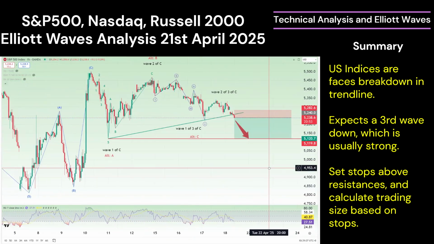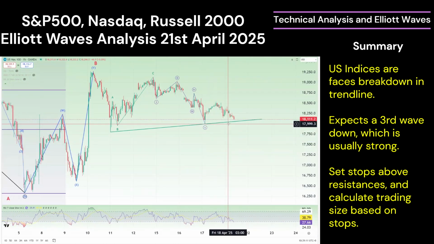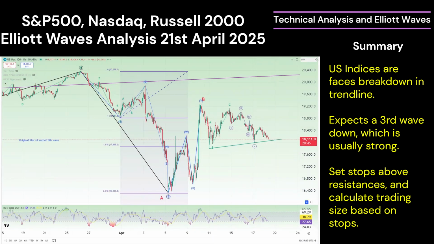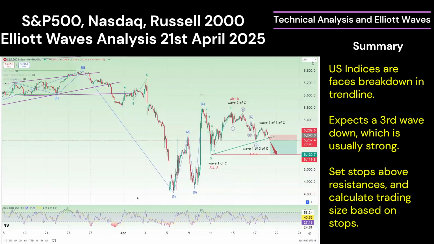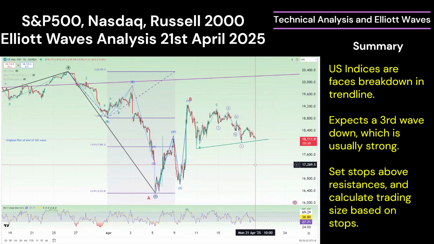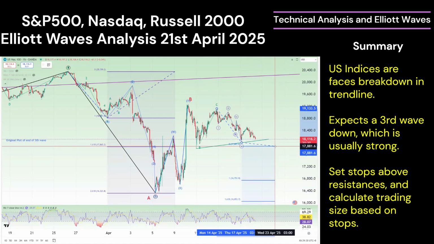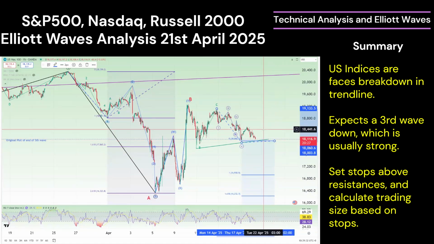Now let's look at the Nasdaq. The Nasdaq has yet to break the trend line over here. But because the S&P 500 has already broken, the expectation will be that Nasdaq should follow and break down here. Now, if we use the measurement rule, this is more of a traditional measurement rule for technical analysis.